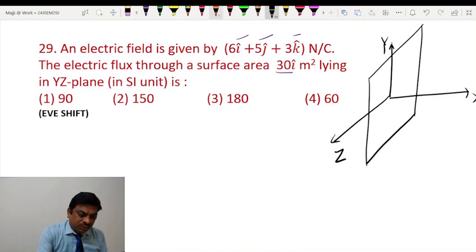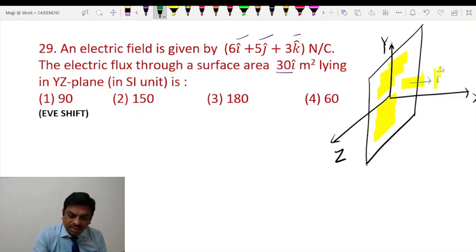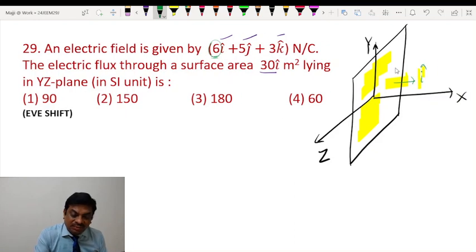Okay students, now the area is 30 I cap. I cap is in this direction, so this is the area. So only the electric field component parallel to the x-axis will be the lines of force crossing this in a perpendicular manner.